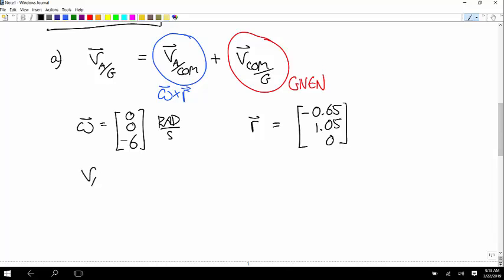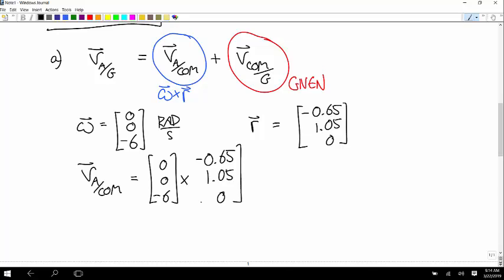And so the velocity of A relative to the center of mass is 0, 0, -6, crossed with negative 0.65, 1.05, 0.